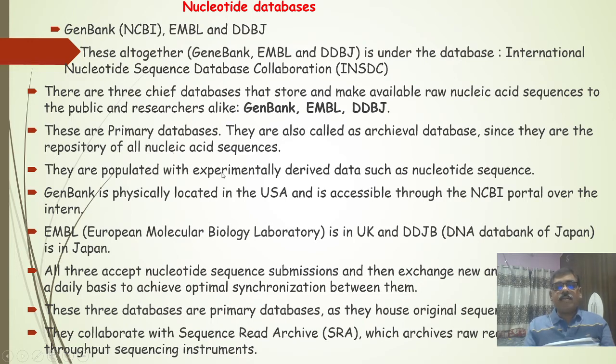repository of all nucleic acid sequences. They are populated with experimentally derived data such as nucleotide sequences. GenBank is physically located in the USA and is accessible through the NCBI portal over the internet. EMBL is in the UK, and DDBJ, the DNA Data Bank of Japan, is in Japan.